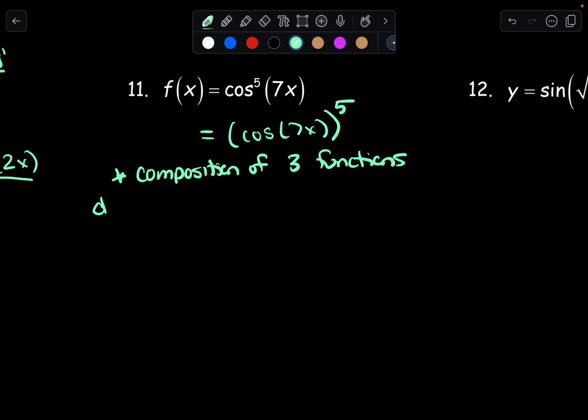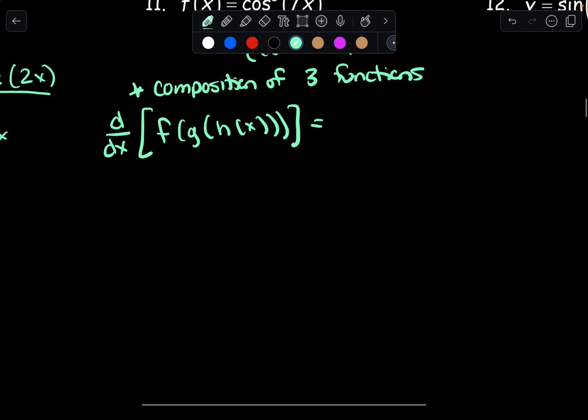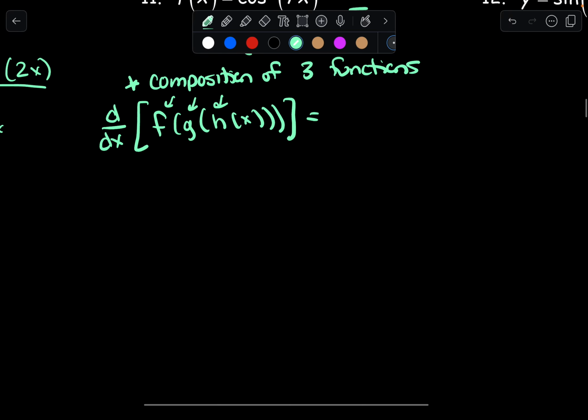So this is taking the derivative with respect to x of f of g of h of x. Okay. So you don't have to rewrite this every single time, but it does help to see, okay, I have f, I have g, I have h. We are going to be using the chain rule 3 times.